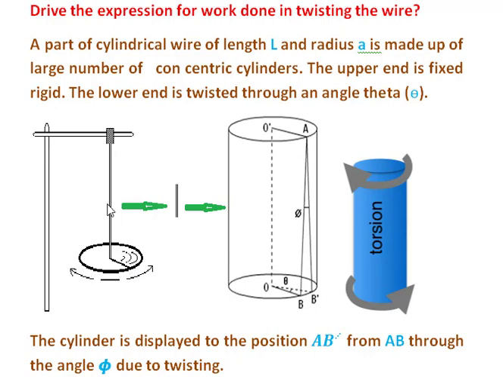When we give a twist, this experimental wire having rigidity modulus N is twisted. This part of the cylindrical wire has length L and radius a. The radius of the wire is small a and the whole length is capital L.